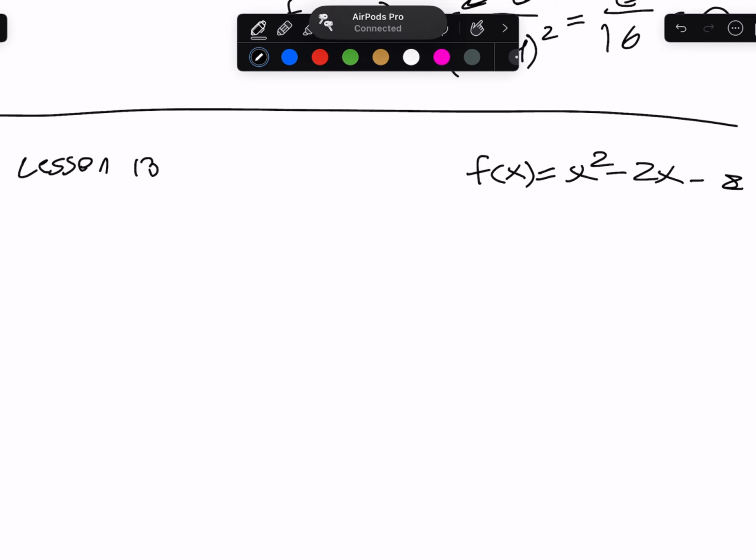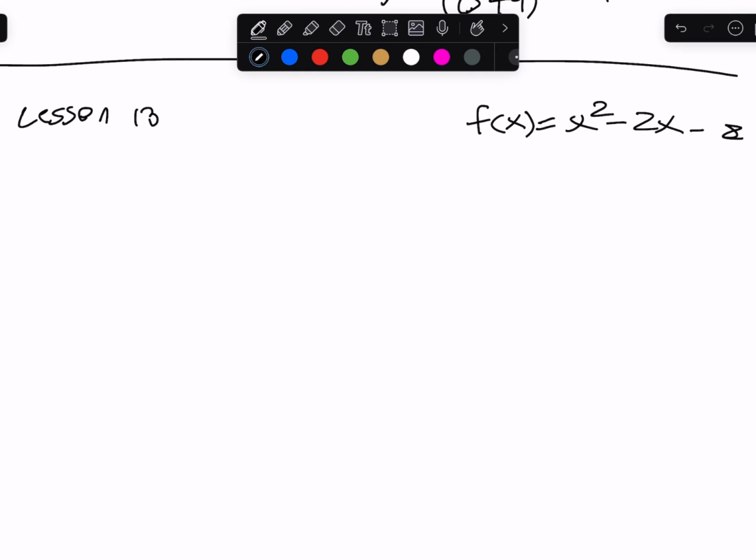Alright, next up, we're going to be doing question 1 from lesson 13, which asks, identify the open intervals on which the function f of x equal x squared minus 2x minus 8 is increasing or decreasing. So, first we have to find the derivative and set it equal to 0. So, the derivative of this equation is going to be 2x minus 2.